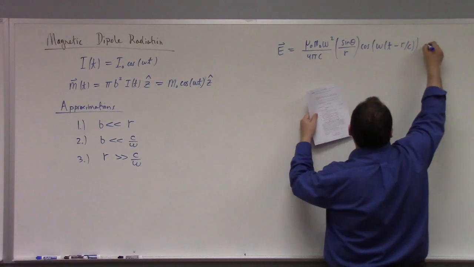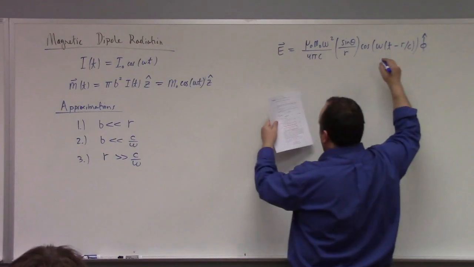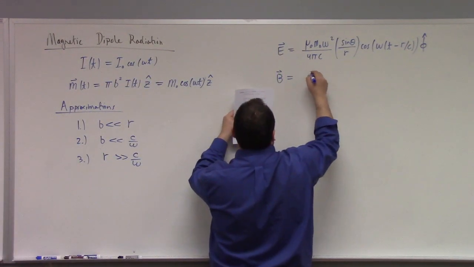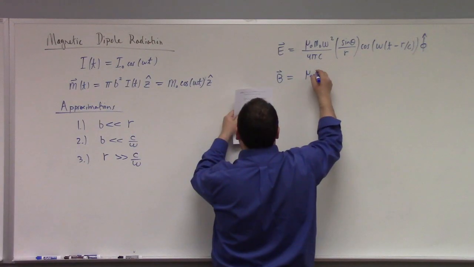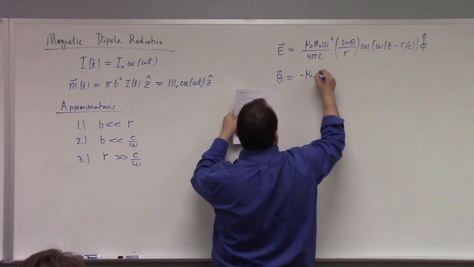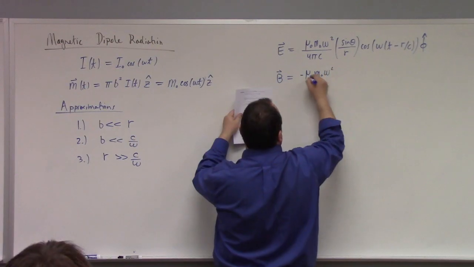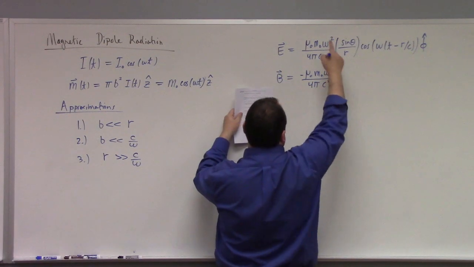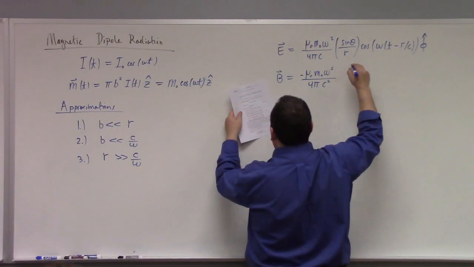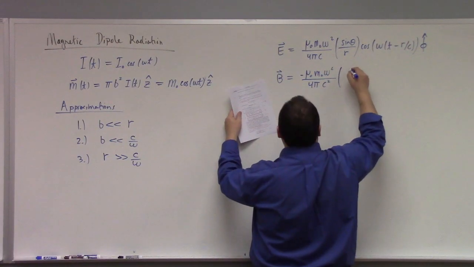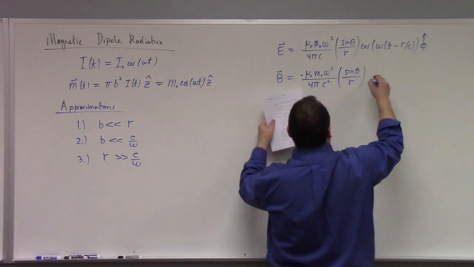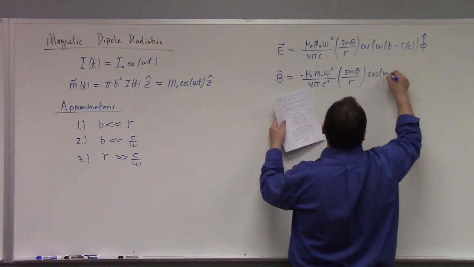This one has a phi hat, and then the magnetic field gets a theta hat. And it's the same formula, but there's a minus in the front, and there's a c downstairs, because the magnitude is similar but not the same. The magnitude of the magnetic field is the magnitude of the electric field divided by c. A familiar story, same as we saw in the last one.